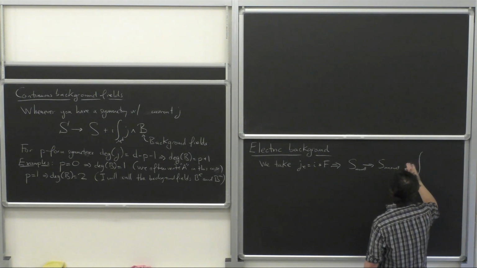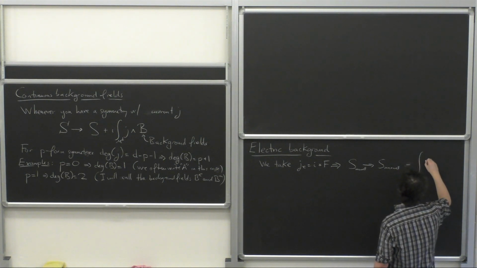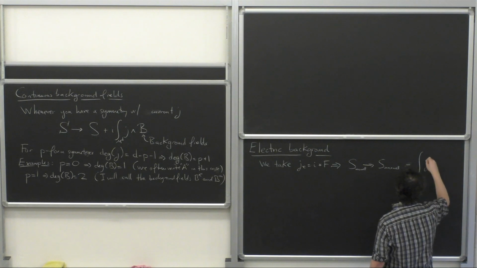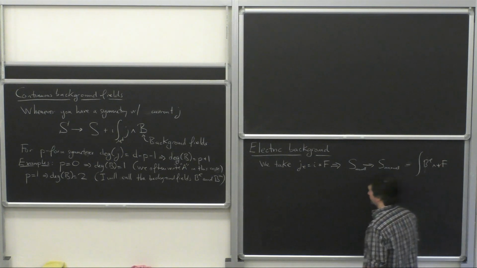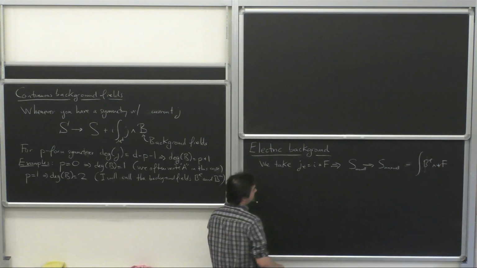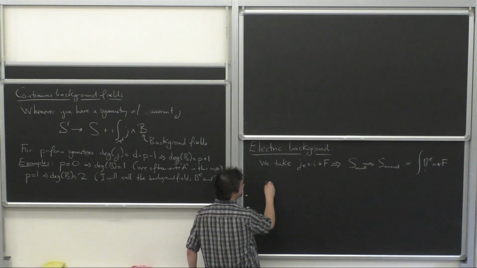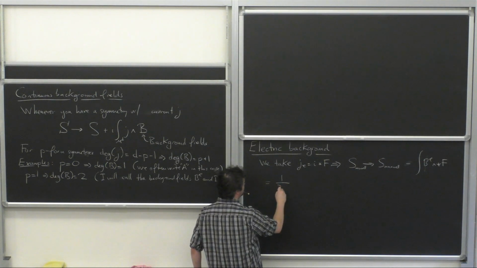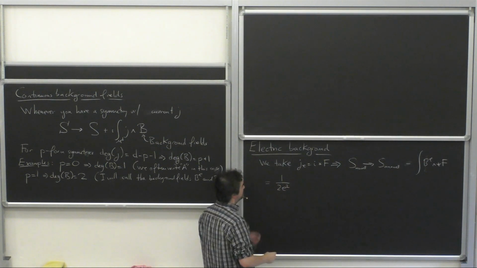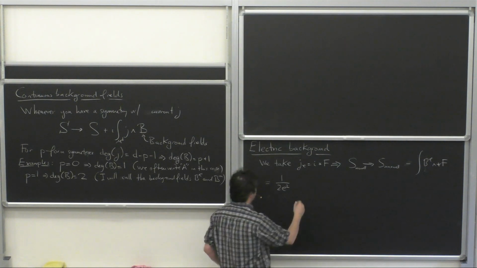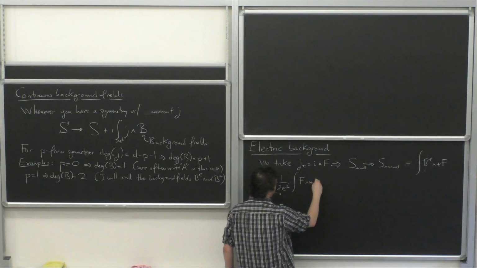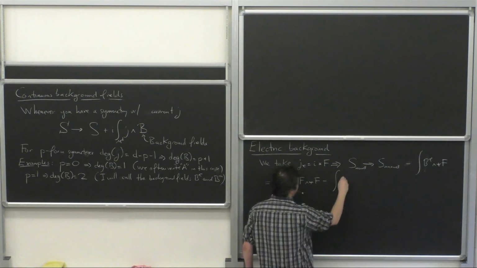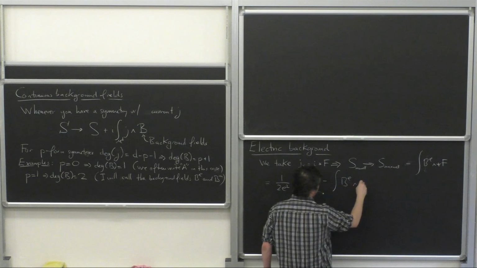Integral with a minus of J_e wedge B, that is B wedge star F. So what's this? We unpack things a bit. This is 1 over 2e squared integral of F wedge star F minus integral of B wedge star F.